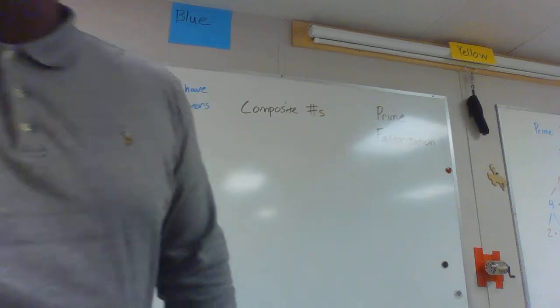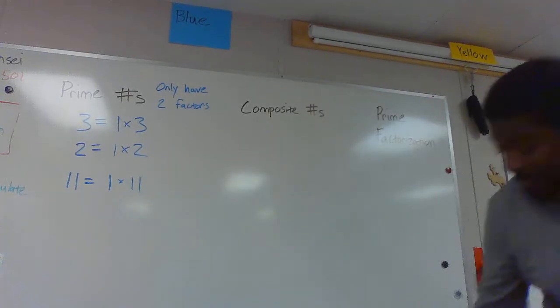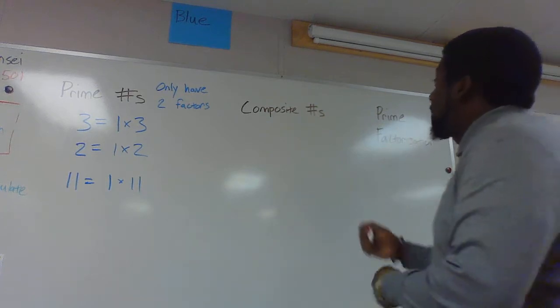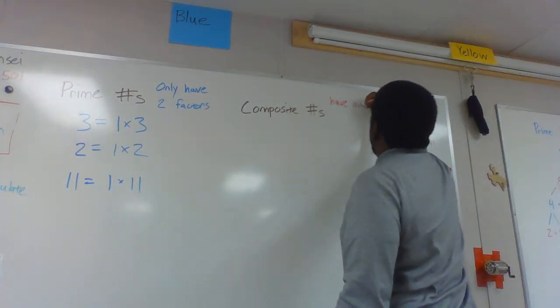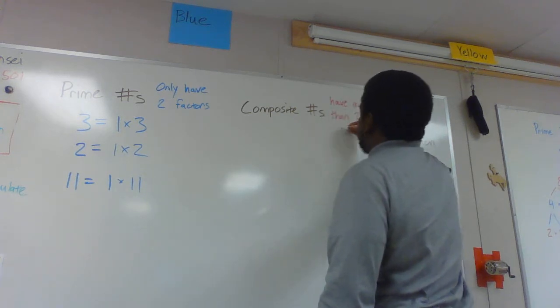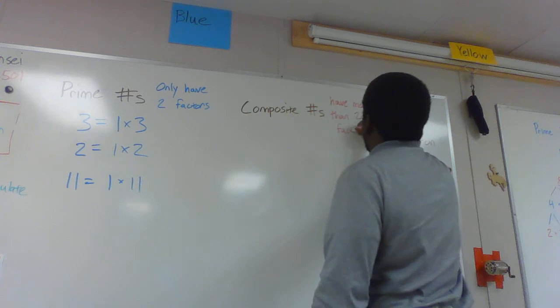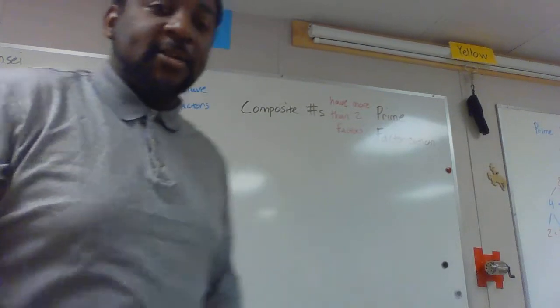Composite numbers are similar in definition to prime numbers, except composite numbers have more than 2 factors. So I'm sure you guys can think of a bunch of numbers that have more than 2 factors.